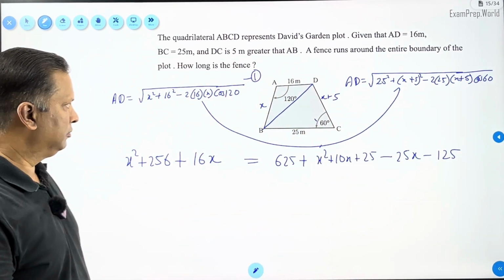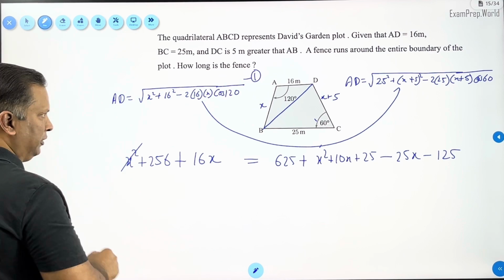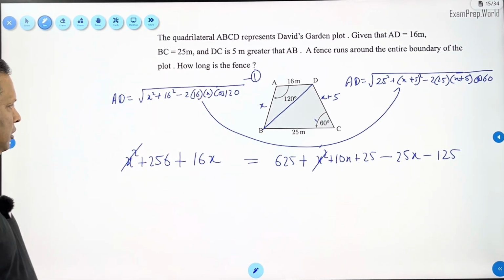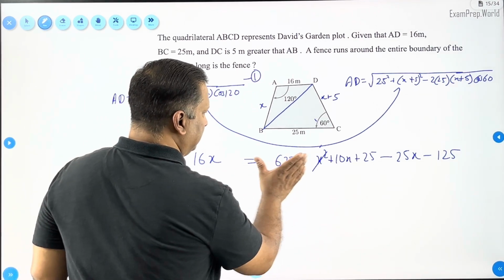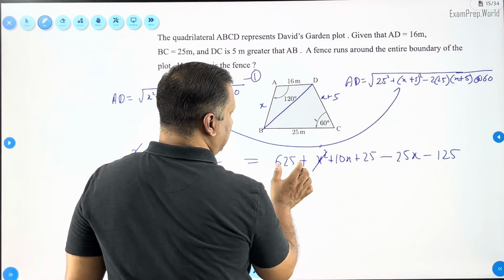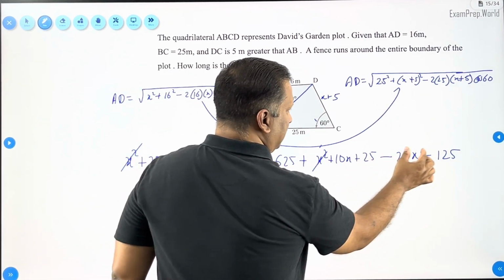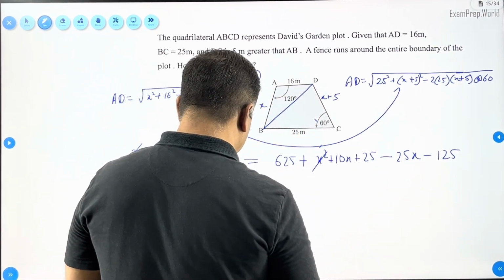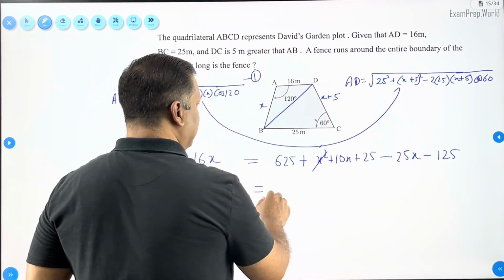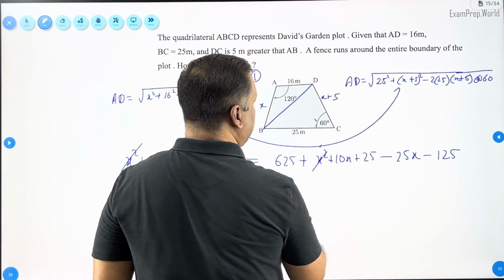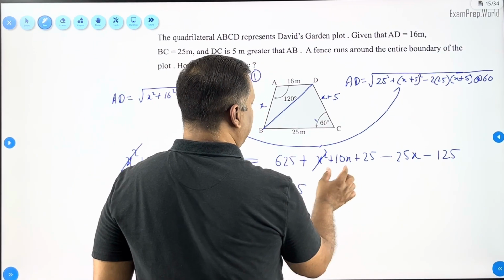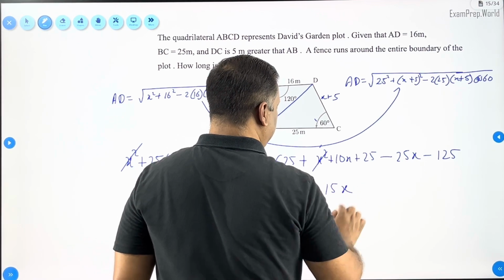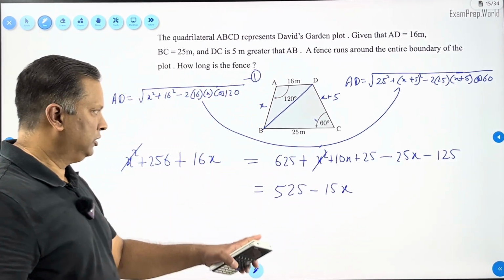Now try to simplify, cancel off the x square straight away, because both sides are the same. Now you have 256 plus 16x here, and simplify on this side: 625 plus 25 is 650, 650 minus 125, how much is that? 525. And 10x minus 25x is minus 15x.